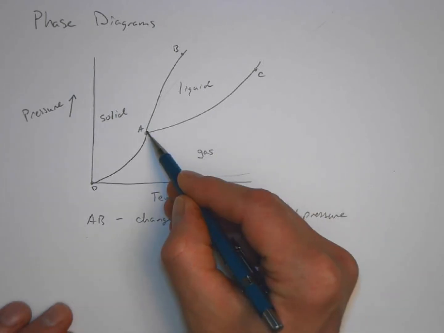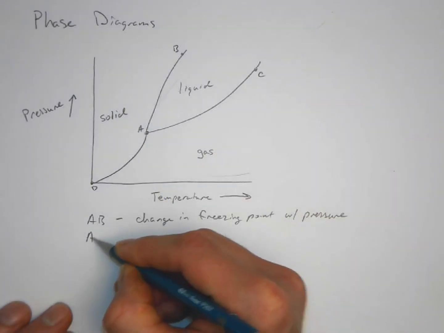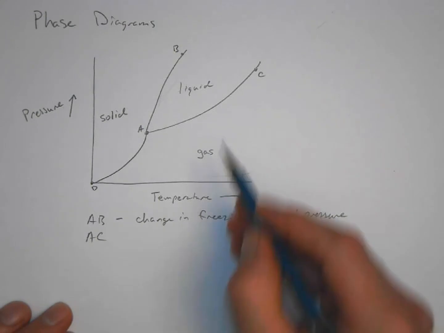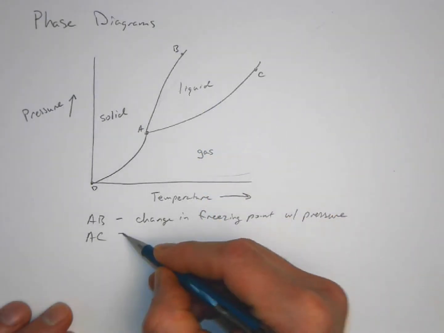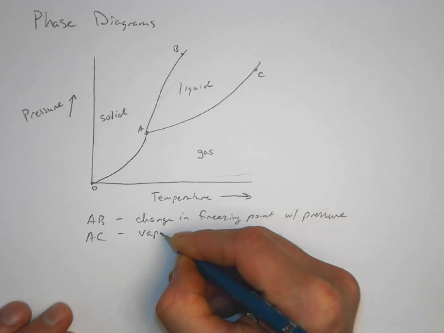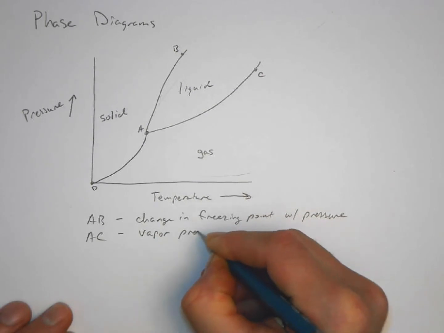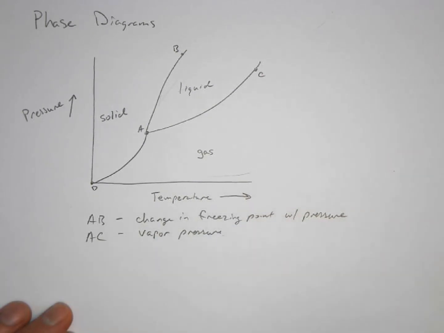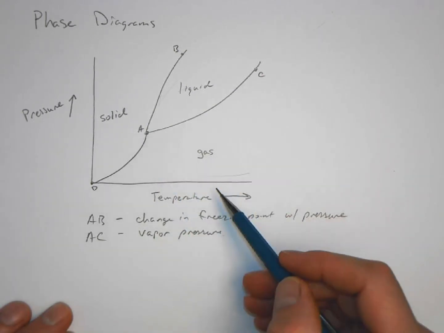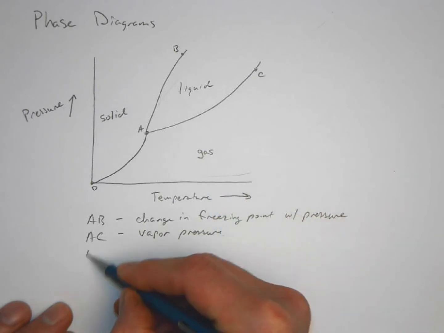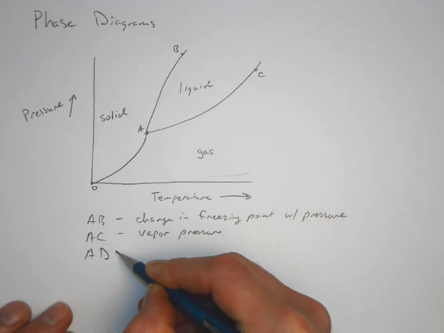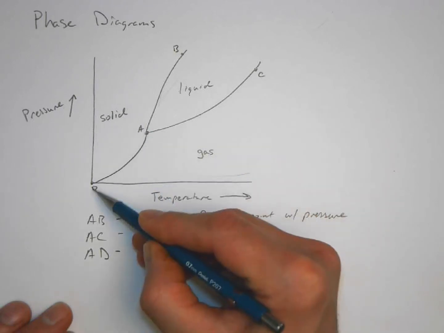Let's look at this line here, AC. This is the curve which tells us what the vapor pressure of a substance is. Let's look at line AD.